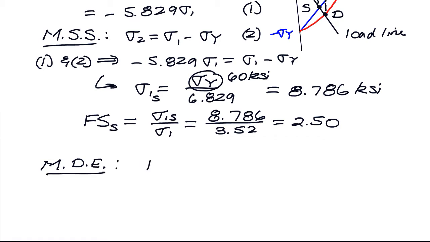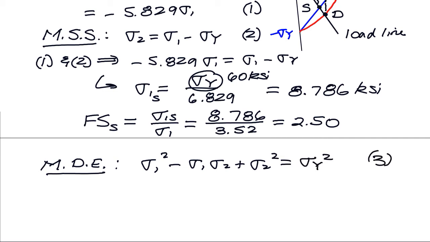The maximum distortional energy boundary is given by sigma 1 squared minus sigma 1 sigma 2 plus sigma 2 squared equal to the yield strength squared. And so if I find the intersection between the load line and the MDE curve, I basically substitute the load line equation into there.